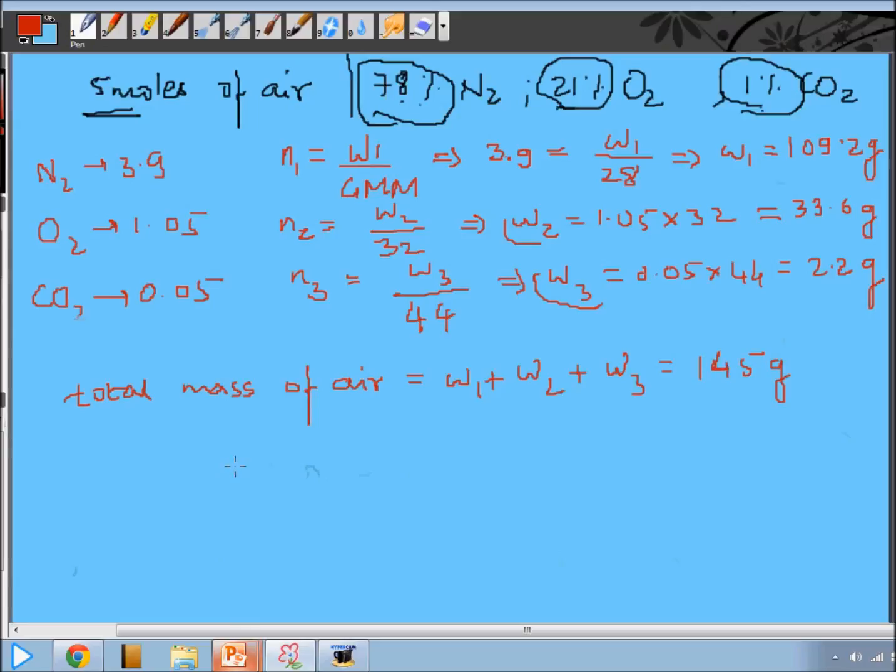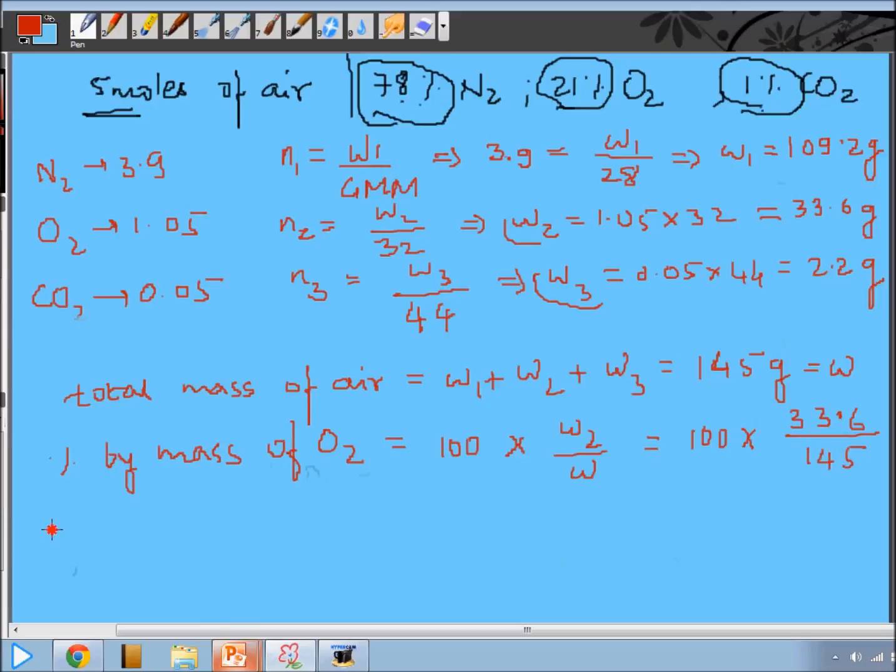So now you can easily calculate percentage by mass of any component. Say I want to calculate percentage by mass of oxygen. That will be equal to 100 multiplied by the given mass, W2, and let's say total mass is equal to W. So the answer will be 100 multiplied by 33.6 divided by 145.